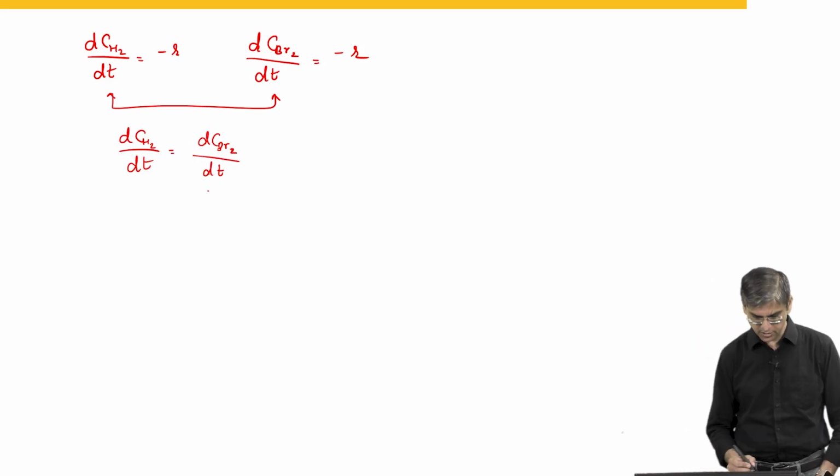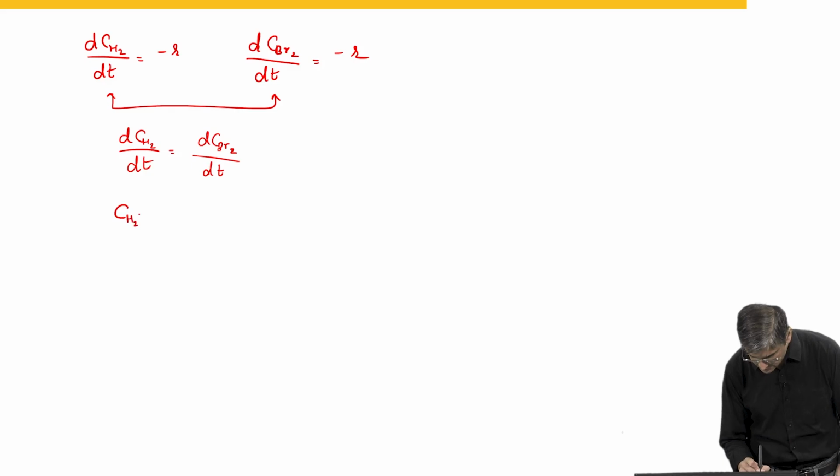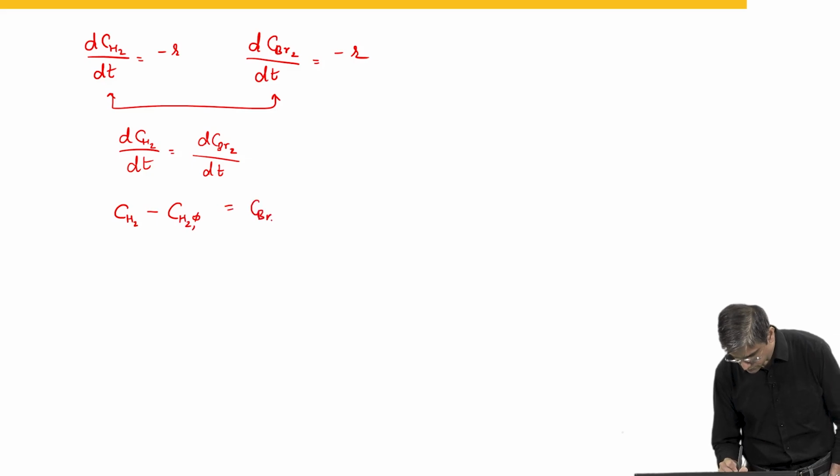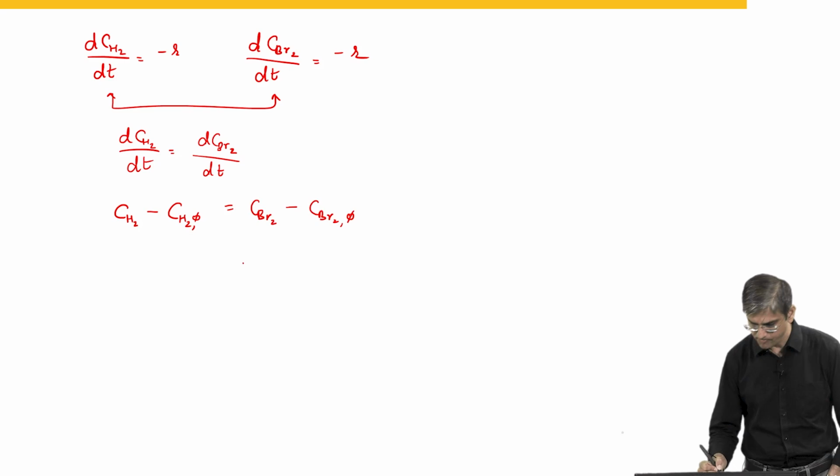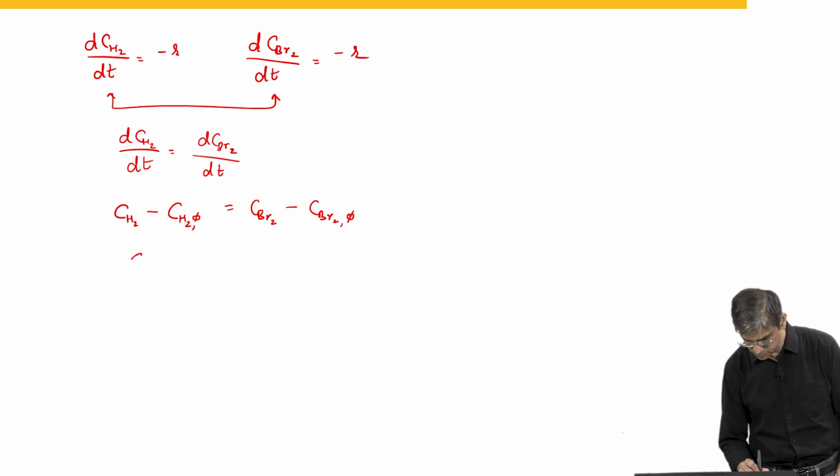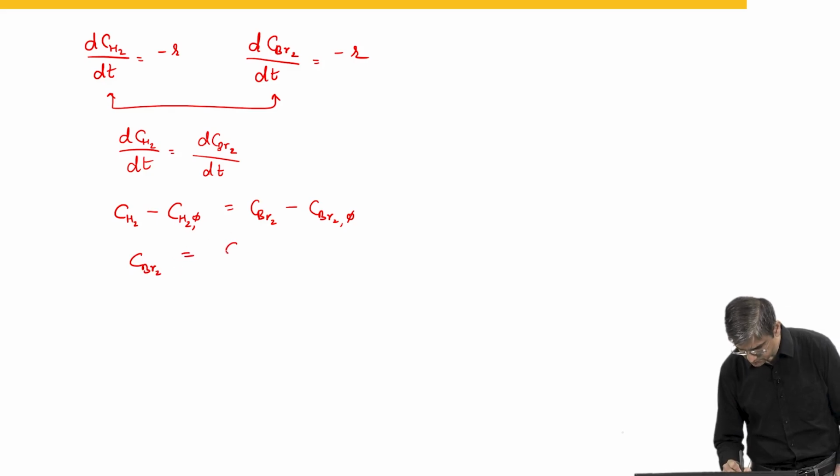You just integrate it and you will get CH2 minus CH2 naught, okay, and which will essentially give you CBr2 at any time.